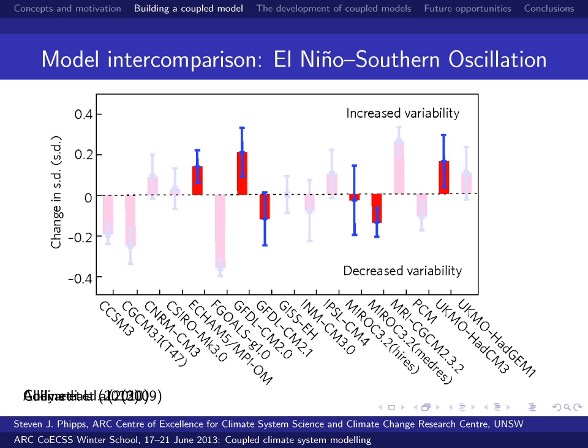And basically you see that half of them have ENSO getting weaker, half of them have ENSO getting stronger. The ones that are in bold are the ones which were identified on the previous slide as having the best ENSO, the ones that agree best with observations. So even selecting the models that agree best with observations, there's still 3 have ENSO getting weaker, 3 have ENSO getting stronger. Well, that's a bit of a worry.